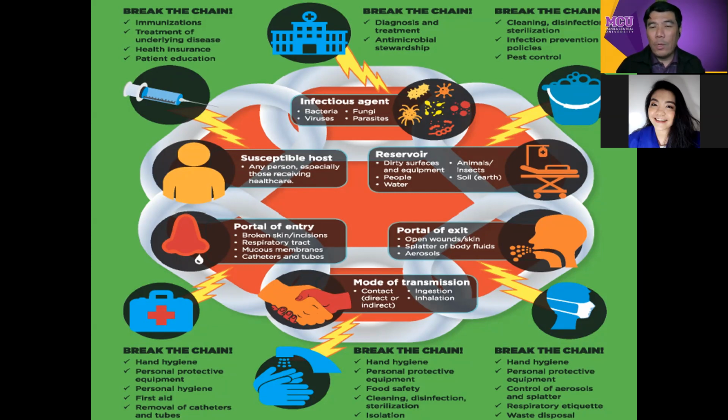Eventually, when we consider the portal of exit, it's open wounds. So it has blood, it has secretions. Aerosol is via droplet infection. So if the person already washed the hands, and if you consider yourself as a reservoir, then eventually washing the hands can prevent the mode of transmission. So you already break the chain.